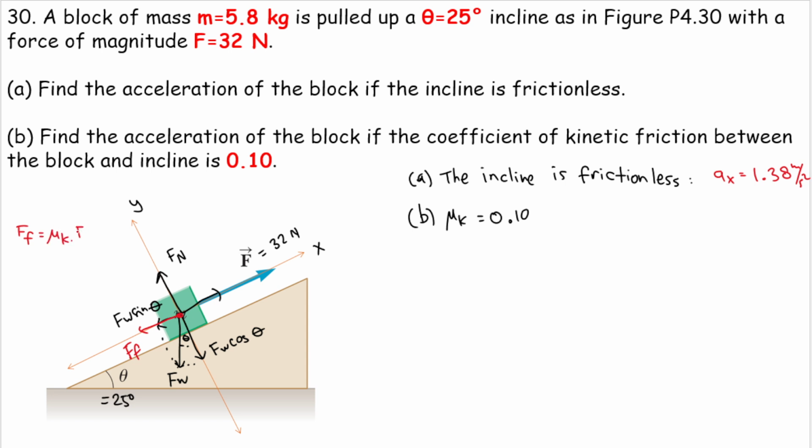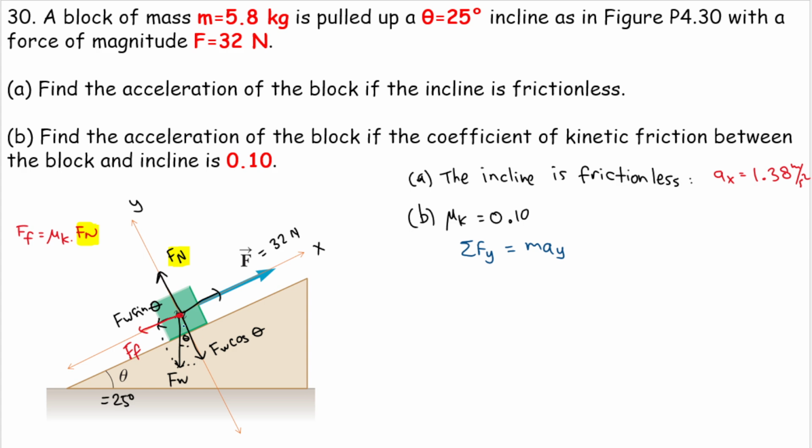The force of friction here is μk times the normal force. We have another problem here: we don't know the normal force yet, right? So we need to do the analysis in the y direction first. Sigma F in the y direction is equal to the mass times acceleration in the y direction. However, the block is only moving along the incline.